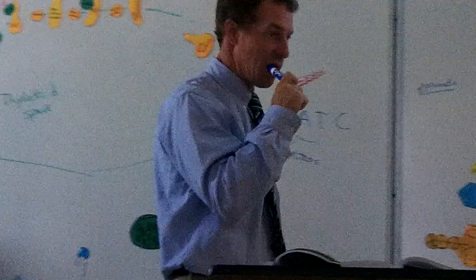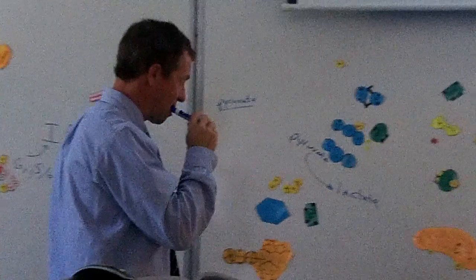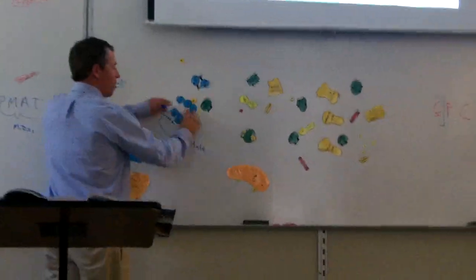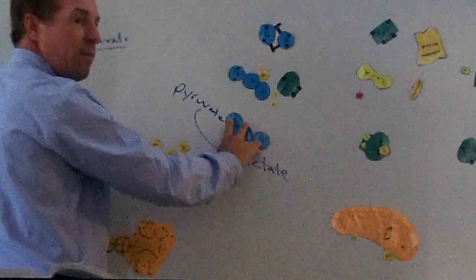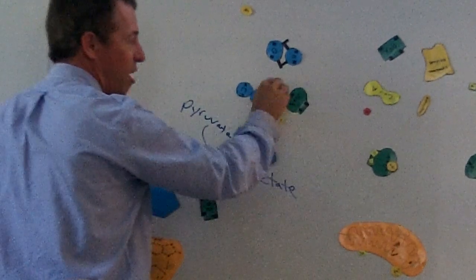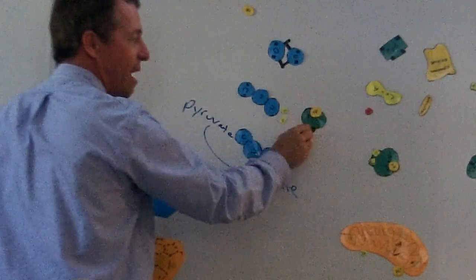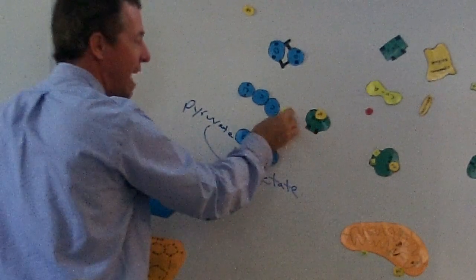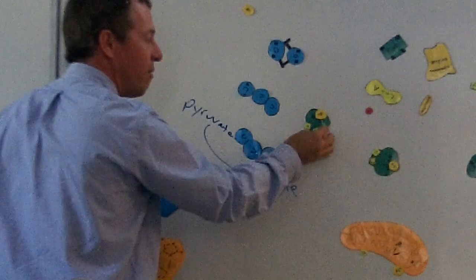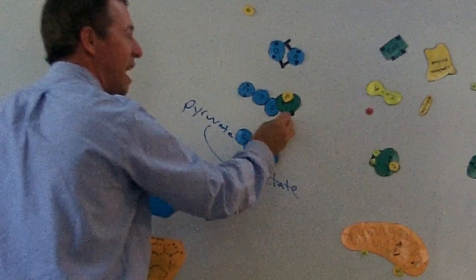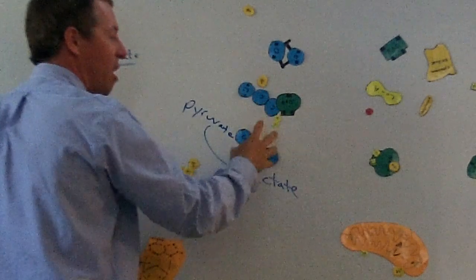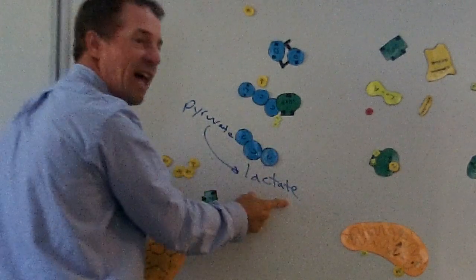Okay, I still don't understand how pyruvate turns into lactic acid. Do you remember when we broke down the glucose and we produced pyruvate, that some electrons and protons came off and we made NADH? Well, that NADH can come back and give back electrons and protons and change the pyruvate molecules to something called lactate.